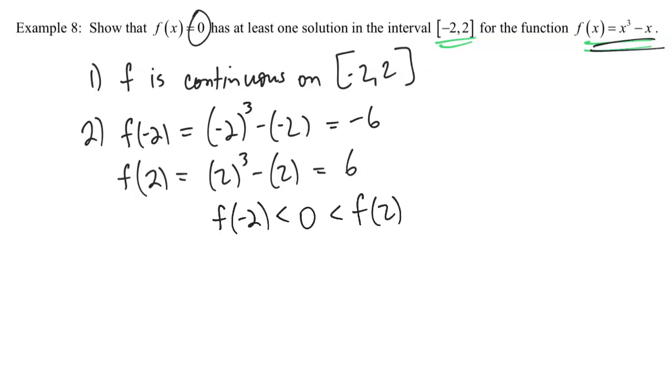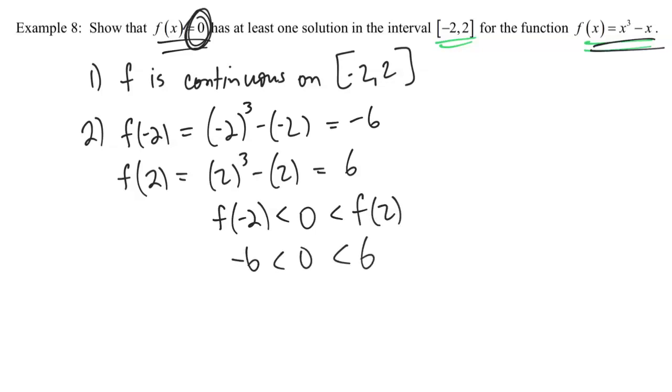And that's my mathematical way of saying that 0, which is the value that I'm trying to prove here in this particular problem, that's not always going to be 0, but in this particular case it is, since I'm trying to show that f of x is equal to 0, that 0 is between the y values at my two endpoints. And so you could write it that way, or you could write it this way.